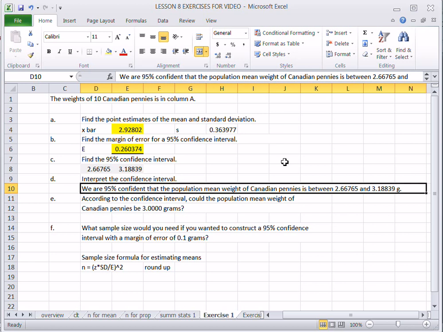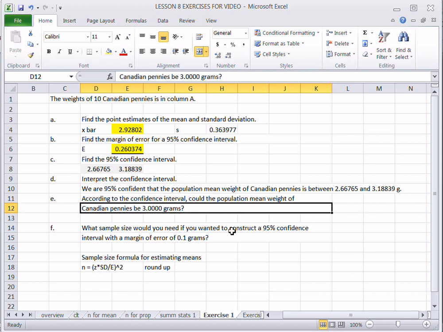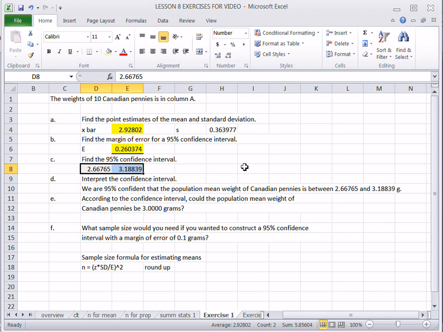Now we can use this interval to either support or not support certain assertions. So notice here the question in part E, according to this confidence interval, could the population mean weight of Canadian pennies be 3 grams? Well, all we have to do is look at our interval and see, does that interval contain 3 grams?